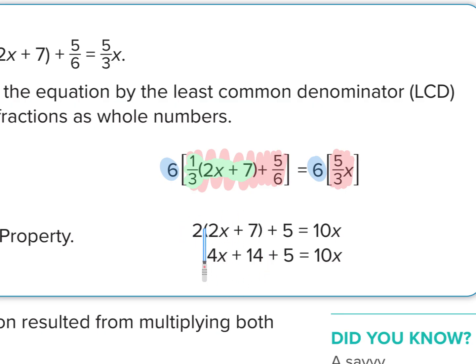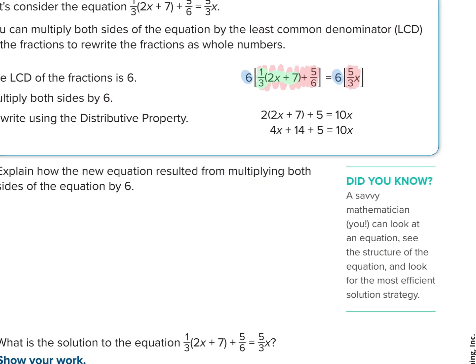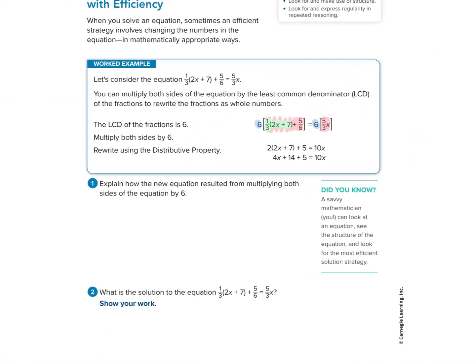So all I need to multiply is that number on the outside, and then this other number because it's also outside that parentheses. And then we also do 6 times 5/3 x, which gets us 10x. Then we can distribute, so we get 4x plus 14, bring down our plus 5, equals 10x. Then we can continue to solve.